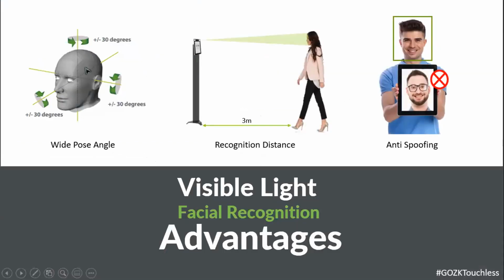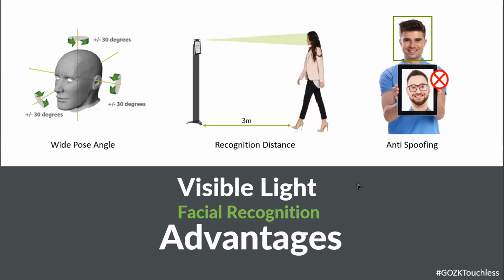As you can see here, our readers can recognize your face whether it is turned 30 degrees left or right, up or down. The recognition distance is 3 meters. The reader also has a very nice anti-spoofing feature.